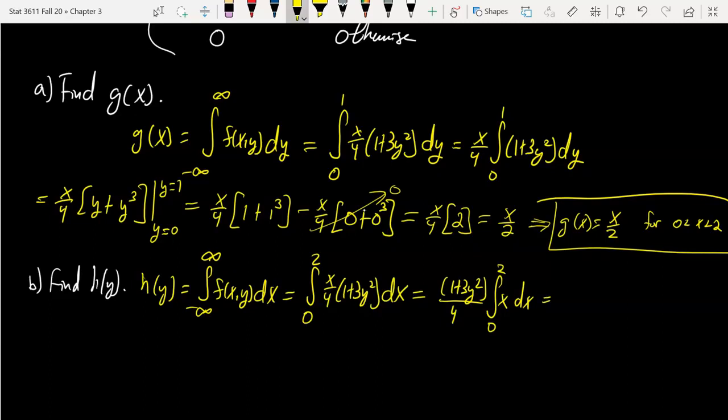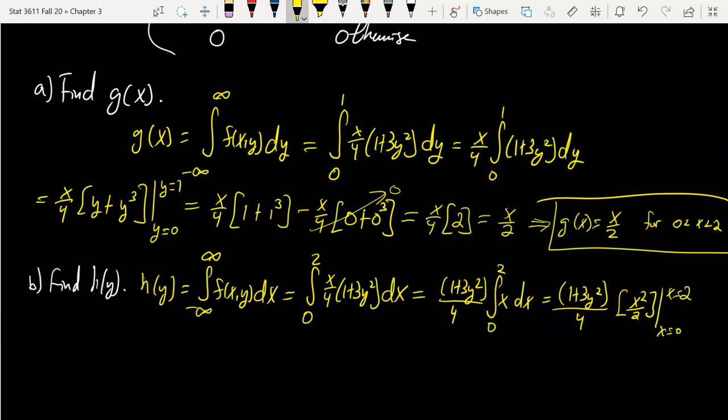And so let's see what we have here. We have 1 plus 3y squared divided by 4. And then what is the antiderivative here? The antiderivative is x squared over 2, evaluated as x goes from 0 to 2.